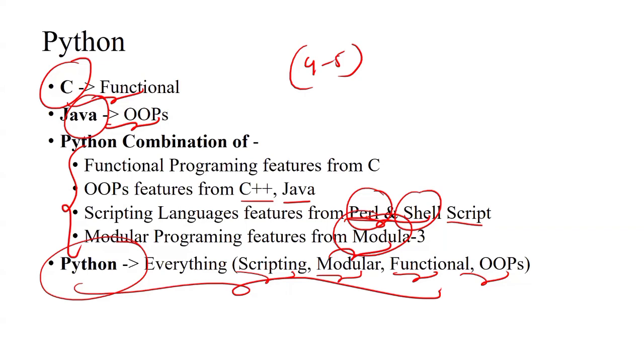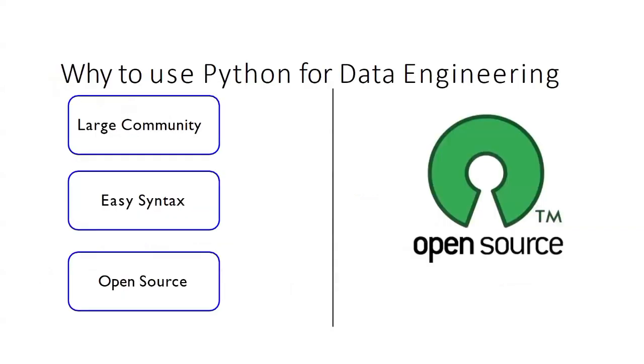Python takes some features from Java, some from Perl, Shell, some from modular programming. So that is why on the whole, this has been considered a daily-use programming language.